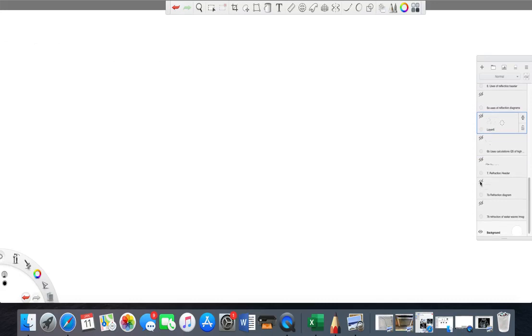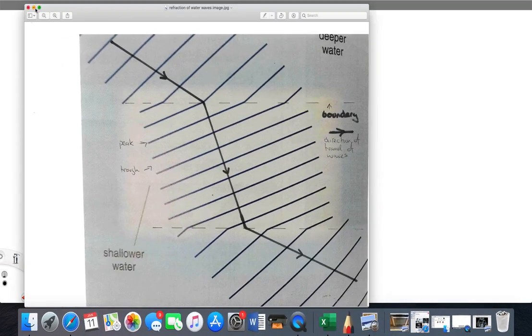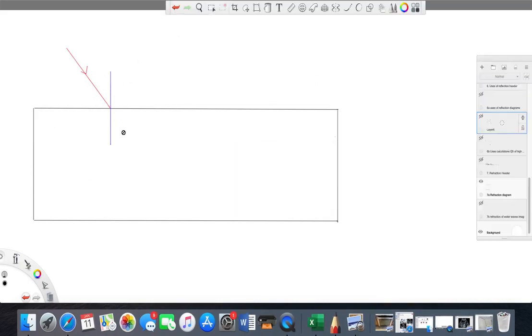So a refraction diagram, oh hang on, my apologies. Here we have the wave coming in. This could be air, this could be glass or something. And what will happen is that as it goes from air into glass, it will bend towards the normal, like that.